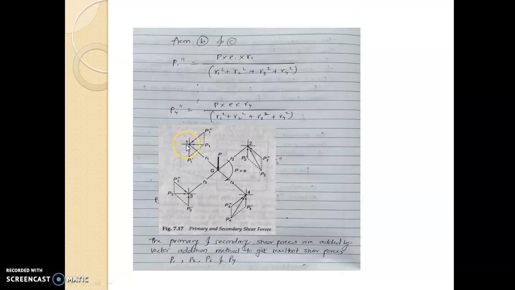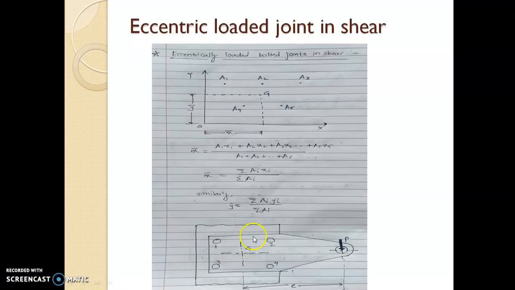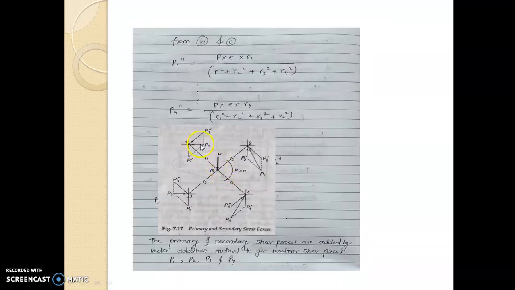So what is the reason for this type of direction? Let's see the diagram for this. This is the diagram. The force is acting eccentrically. Load P is acting here, and due to this load P, this plate will tilt, and due to this tilting, the reaction force will act likewise.